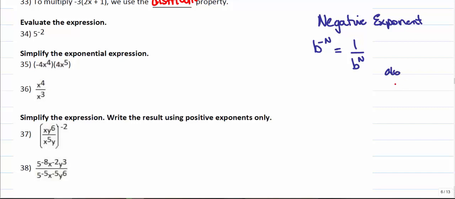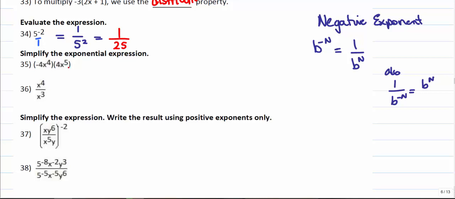Also, it's true the other way around, meaning if your negative is in the bottom, you would flip it to the top. And remember, this is over 1. So when I flip this, I would get 1 over 5 squared. Well, now I know what 5 squared is. That's 25. So I end up with 1 over 25.